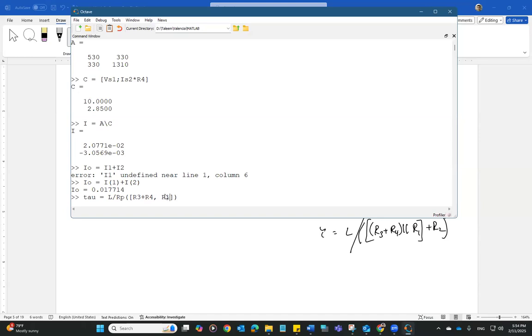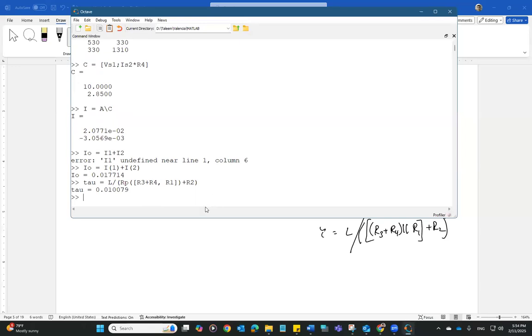That's going to calculate the parallel, and I'm adding that to R2, with parentheses. So R2 plus the parallel combination of R3 plus R4 and R1. L divided by that.